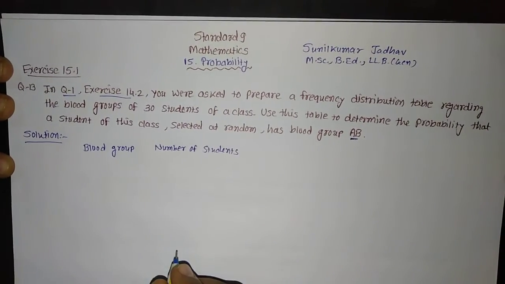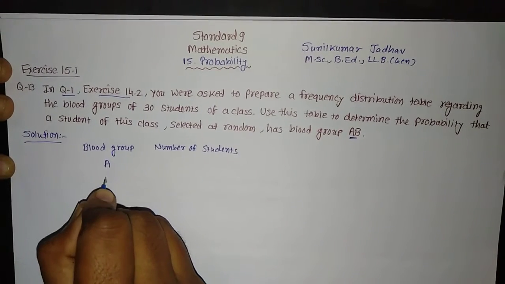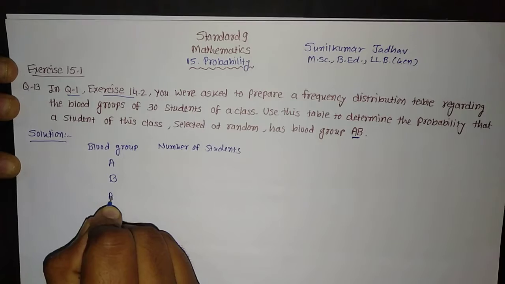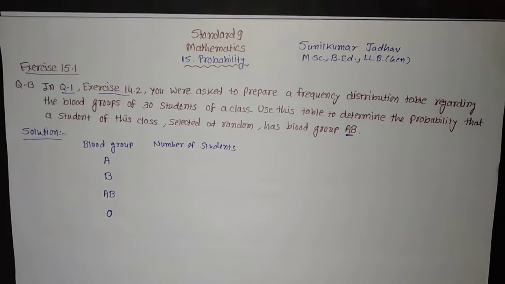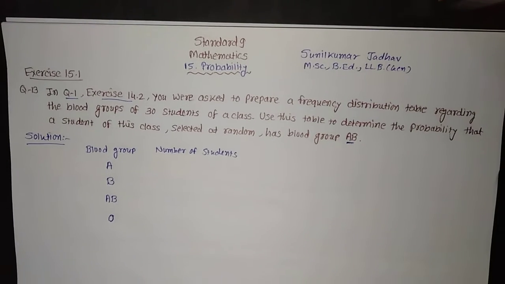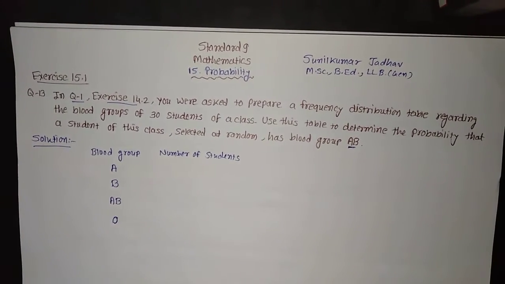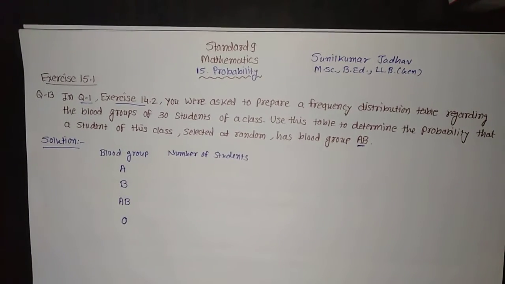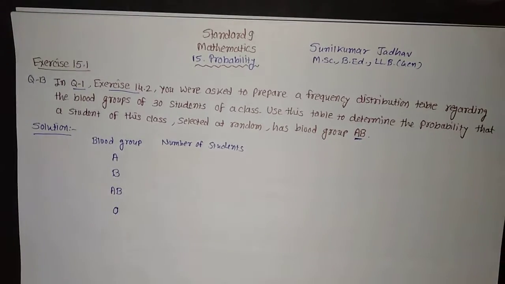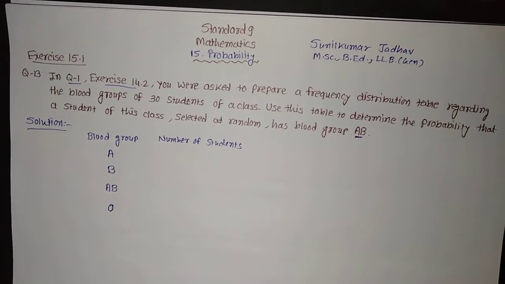We know that blood group is of 4 types: blood group A, blood group B, blood group AB, and blood group O. You have already learned in science that O is a universal donor and AB is a universal acceptor. I will prepare a video on this particular topic for science later on, but here we need to do the frequency distribution as it is given in the question.